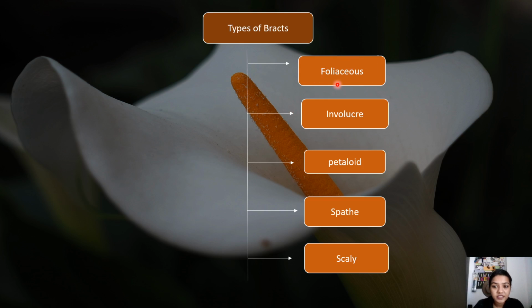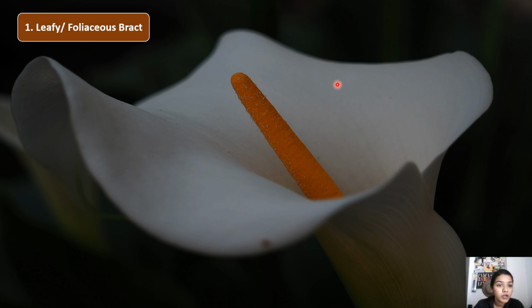So let us first start with the understanding of leafy or foliaceous bract, right? So as the name suggests, these are green in color, and because these are leafy, these look like leaf, right? These are foliaceous. Foliage means leaf.